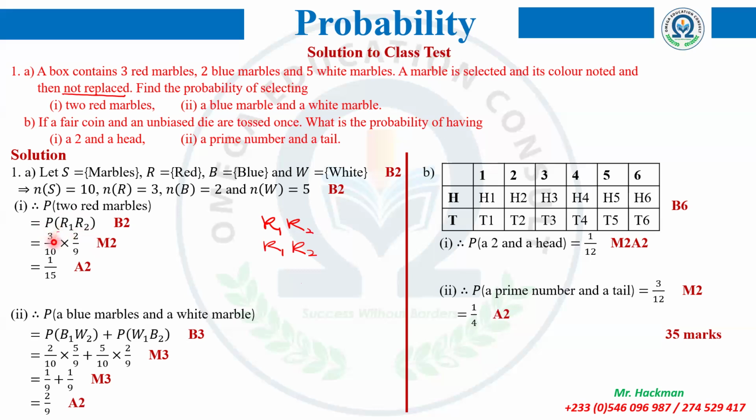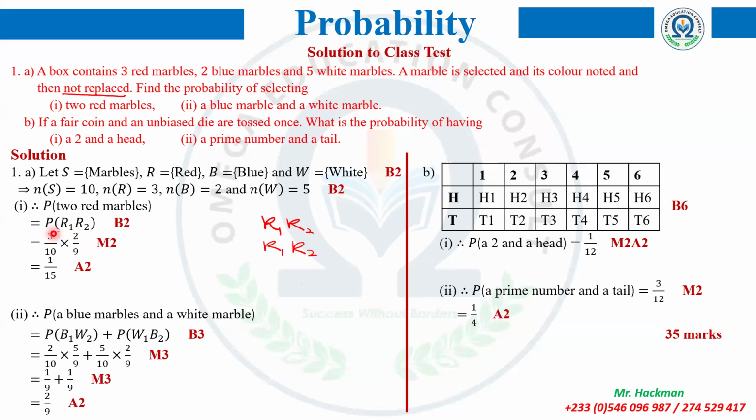So your first selection will be 3 red marbles out of 10, so 3 out of 10. Now, because the first red was not replaced, your second red will be R sub 2, given that R sub 1 has already occurred.